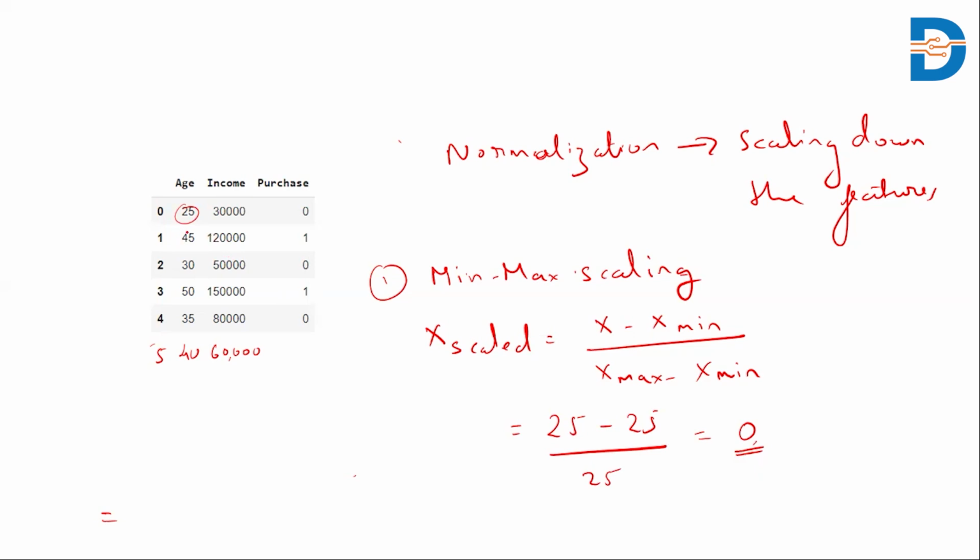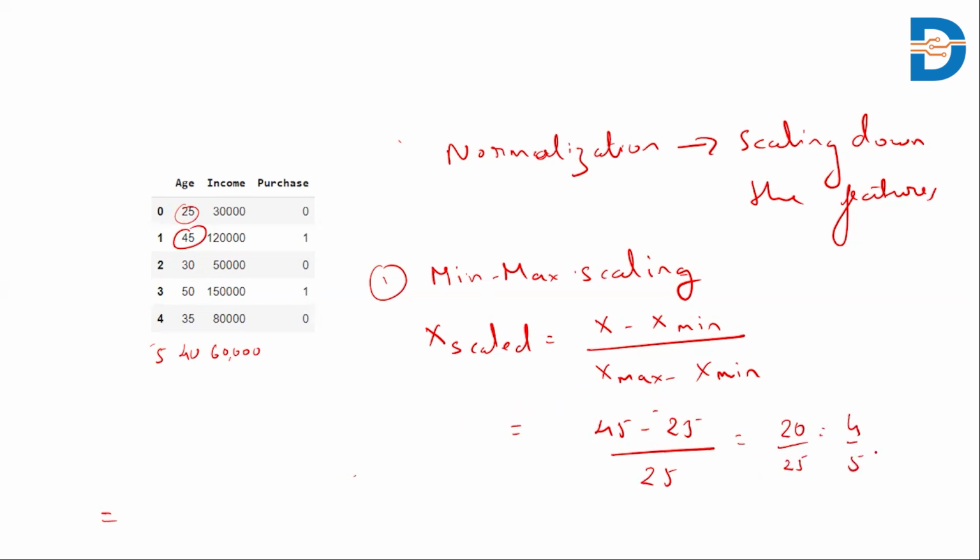If I am going to do scaling for this particular data point, what is that going to look like? It's basically going to be 45 minus x minimum, which is 25, divided by 50 minus 25. That is again 25. So this is going to give you 20 over 25, which is basically 4 over 5.